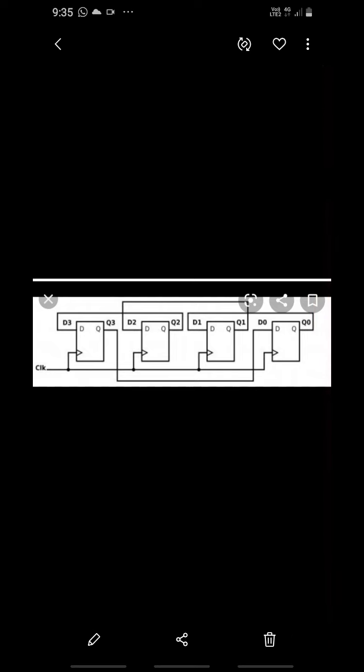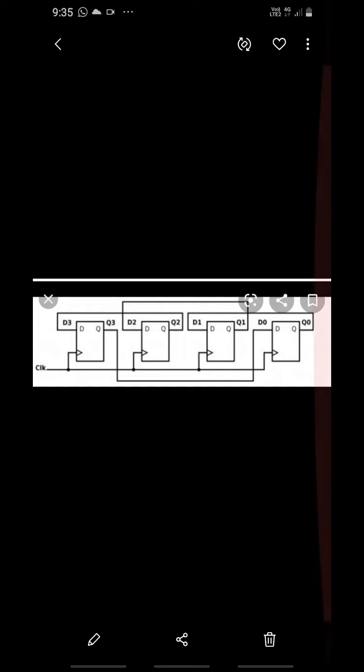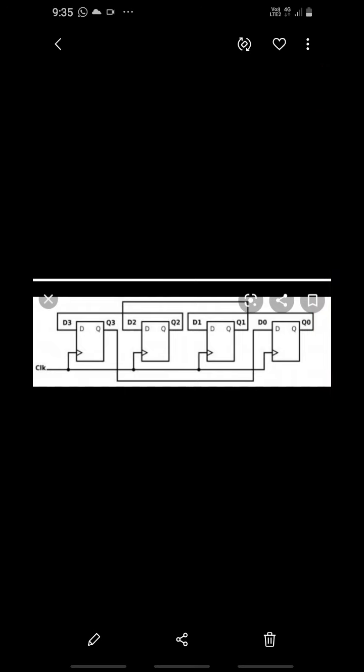At the positive going edge of the first clock pulse, the MSB bit 1 is sent to the output of the last flip-flop, and hence Q3 becomes 1. Therefore Q0, Q1, Q2, Q3 is 0, 0, 0, 1 after the first clock pulse.